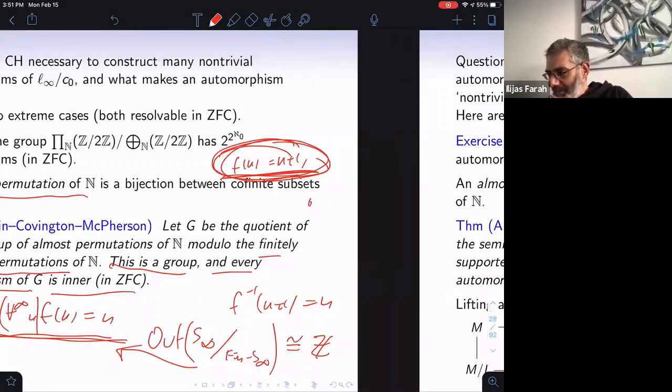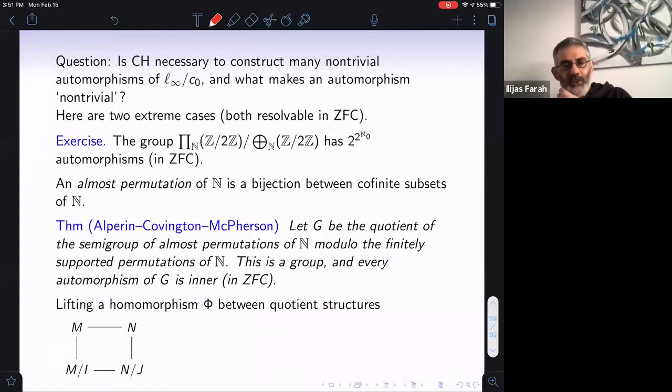Right, okay. But let's go back to our questions. So what we want to understand in the general situation is the following: we have M and N, their structures in some category. Just think C*-algebras, and you have an isomorphism between a quotient of M and a quotient of N. Here you have quotient maps.